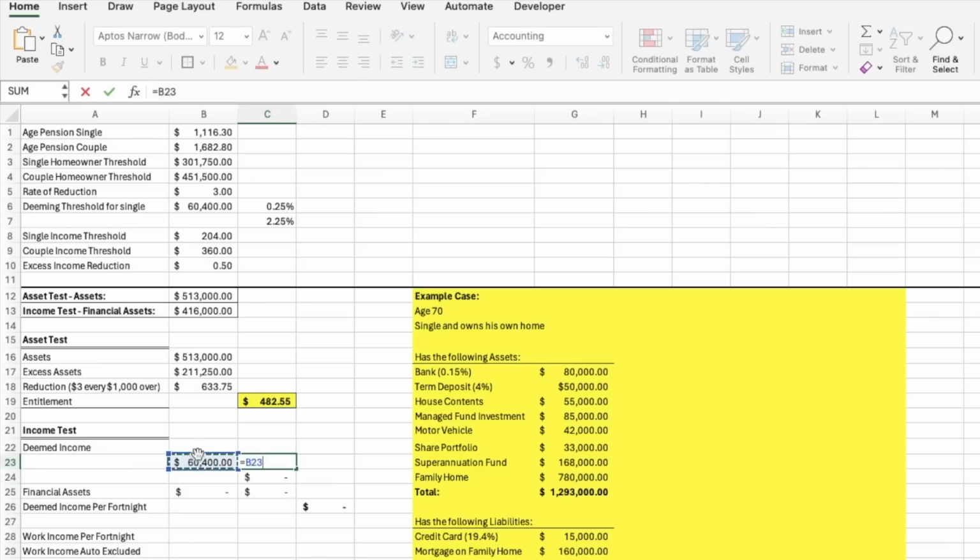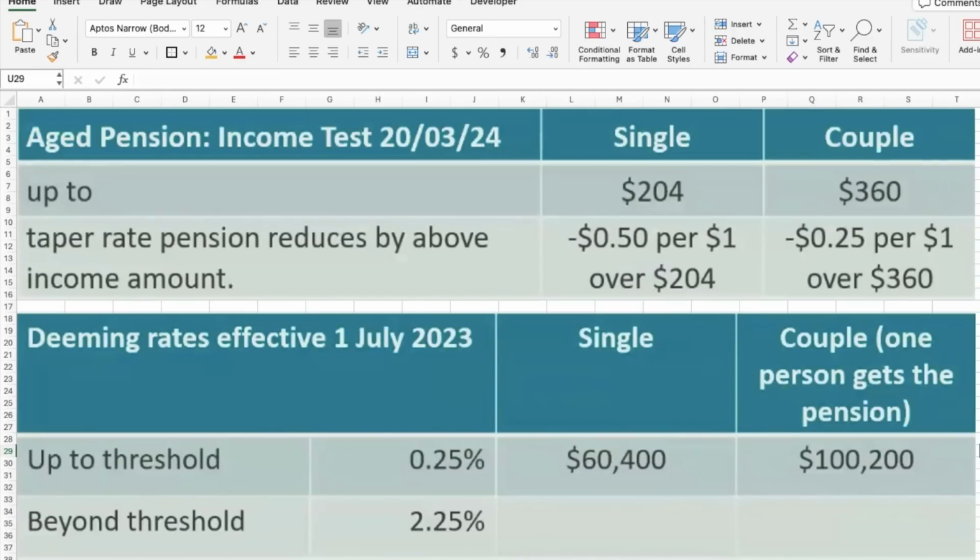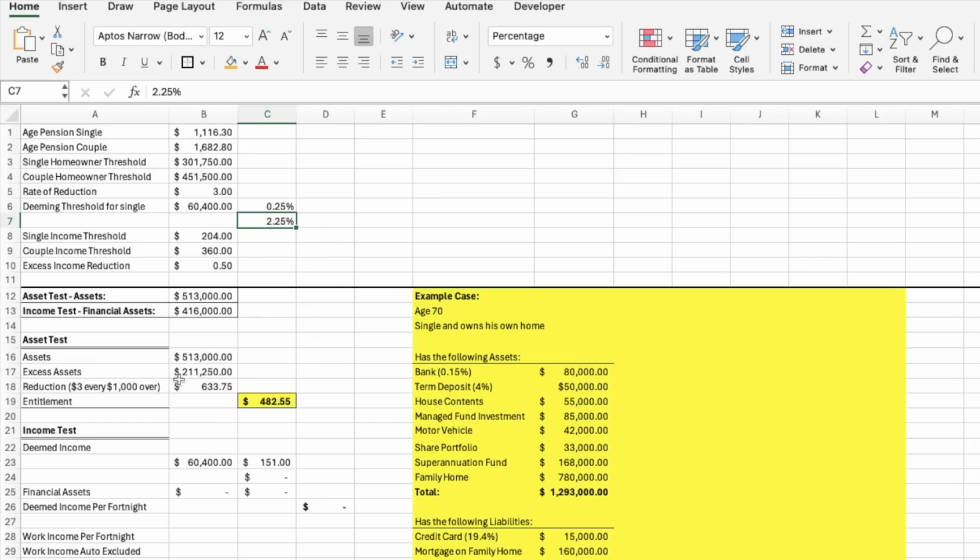So we can multiply this, our first amount, by our 0.25, and then the leftover amount will be on the 2.25%, as shown here. So to get that leftover amount, remember we had 416,000 in financial assets.